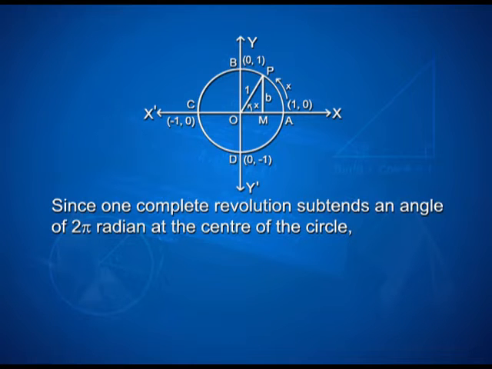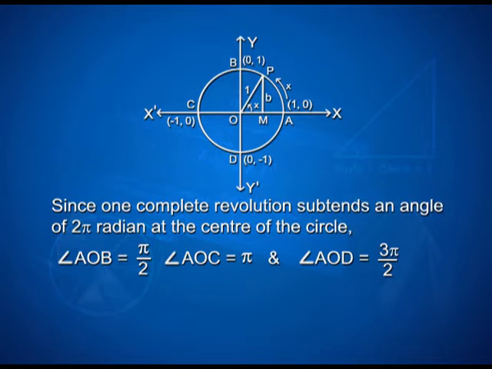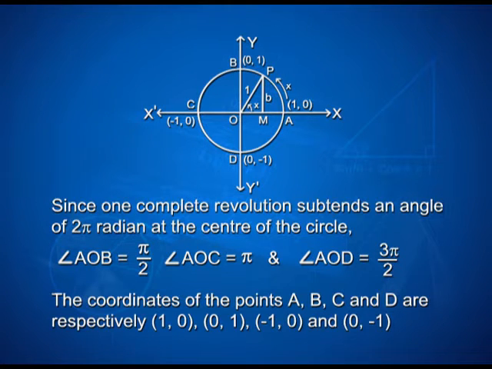Now, since one complete revolution subtends an angle of 2 pi radian at the center of the circle, angle AOB is equal to pi upon 2, angle AOC is equal to pi, and angle AOD is equal to 3 pi upon 2. The coordinates of the points A, B, C and D are respectively (1, 0), (0, 1), (-1, 0) and (0, -1).